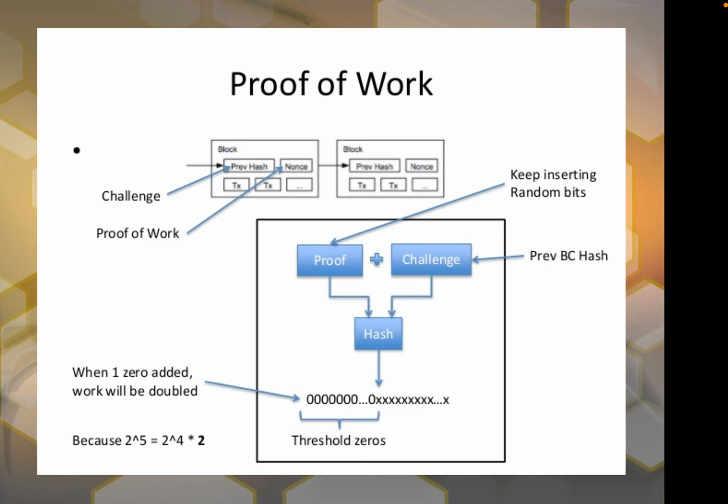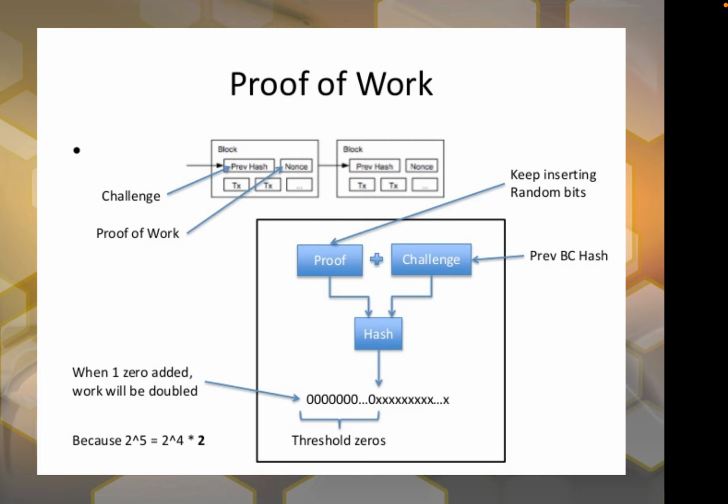Now there's a hard limit of 21 million BTCs. Okay, that's the total possible amount of Bitcoin that could be issued. It's a hard limit. You can't change that. Anyway, we know that as time goes by, it will be harder and harder to mine Bitcoins.